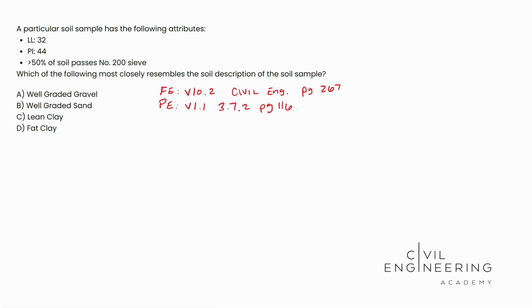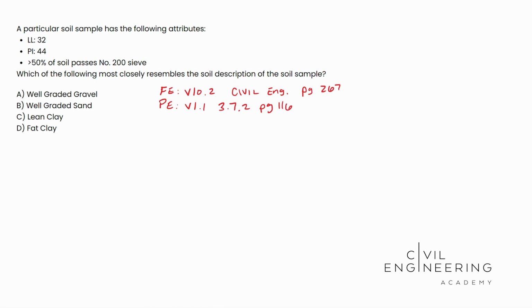Basically, if it's retained, the size is greater than that sieve. So we're talking a number 200 sieve, 0.075 millimeters. Anything greater in size than 0.075 millimeters is going to stay above it. It's going to be retained on that sieve. Whereas if it passes, it's smaller than 0.075 millimeters, so we're going to be dealing with some fine stuff.